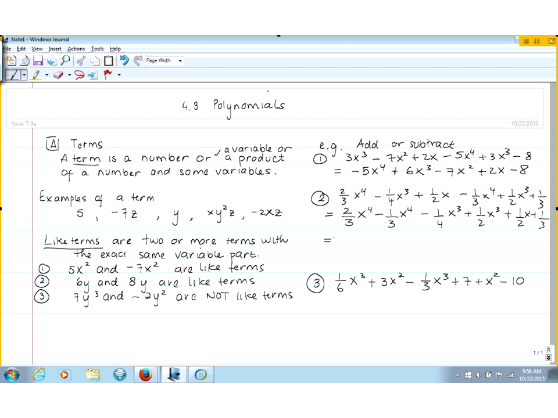Yeah? Okay. So now you can factor the coefficient out. So this is just 2/3 minus 1/3. And then what about the second one here? Negative 1/4 plus half. And the last one, oh, nothing to do, right? So you don't have to add. Okay, can you work on these? And number 3, really quick.